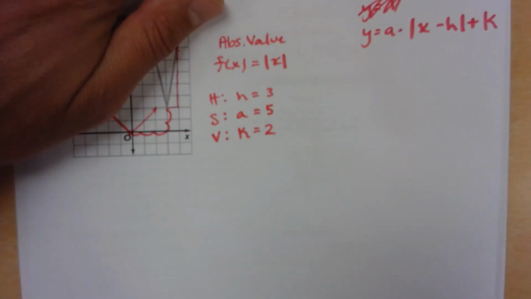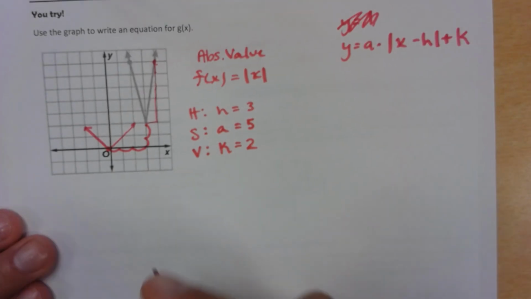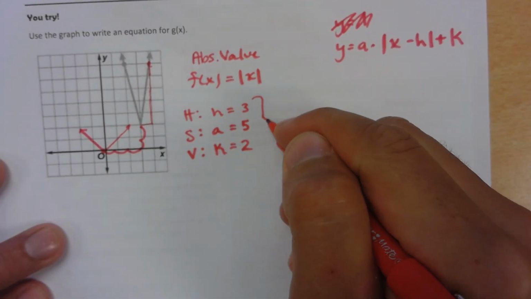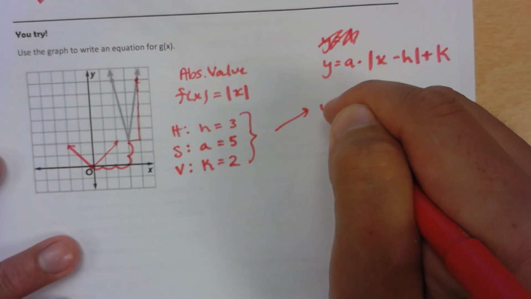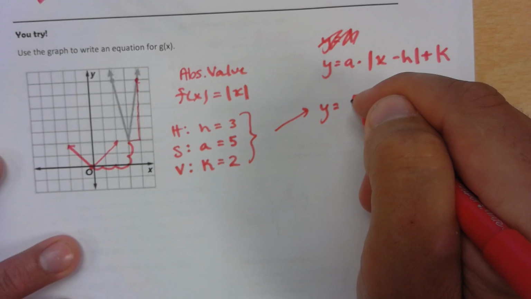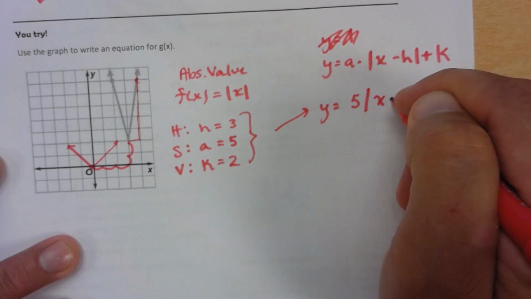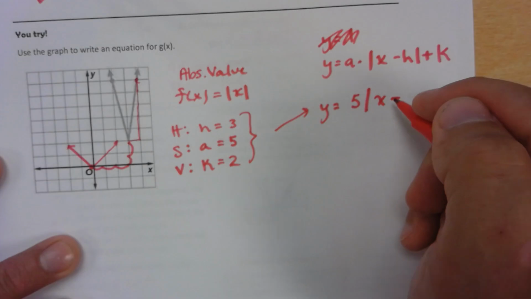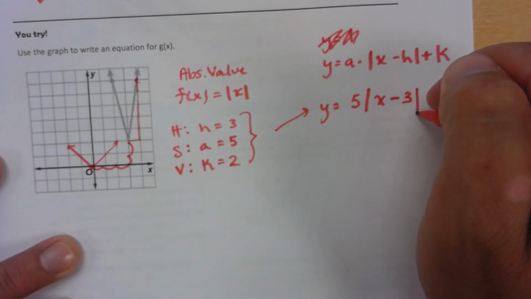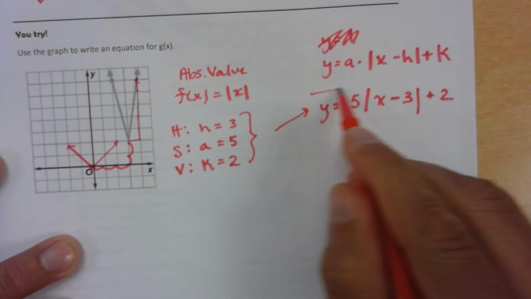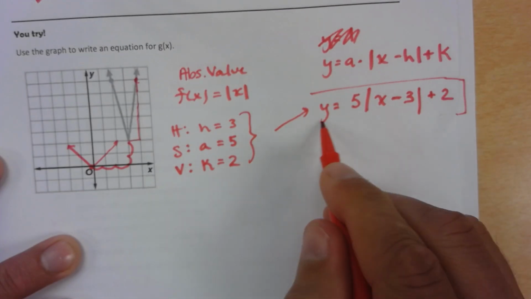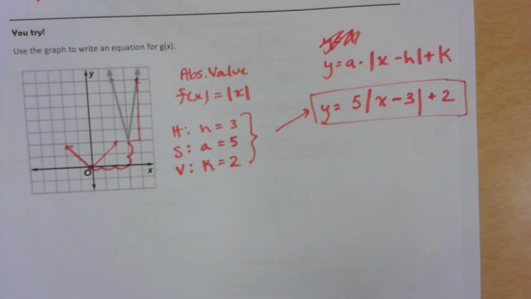So now let's plug these in. y equals 5 times the absolute value of x minus 3, plus 2. Boom. And that's totally cleaned up and looks good to me.